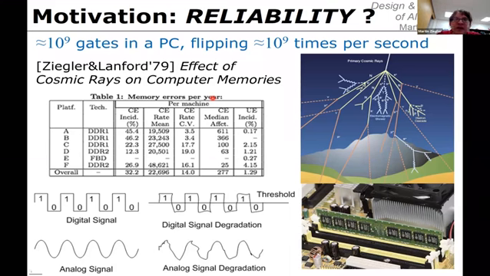But the baseline for this slide is, since all this effort has been put into making computers so reliable to operate for 10 to the 20 operations without any of them failing, why would we want to revert that and reintroduce non-determinism, reintroduce randomization?